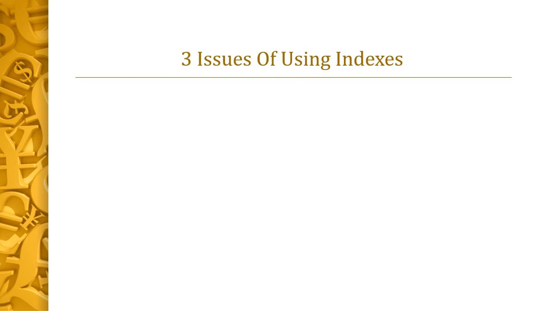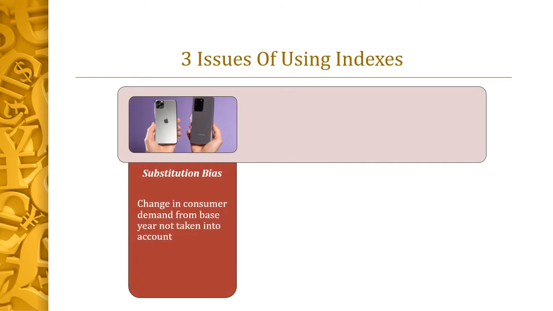Now, I just said that CPI does have some issues in using it, and there are three main issues with using this particular index, or any index you might want to say. One of the first big problems is what we call substitution bias. Basically, when we are talking about changes in what's in that basket, the change in consumer demand is quite often not taken into account.